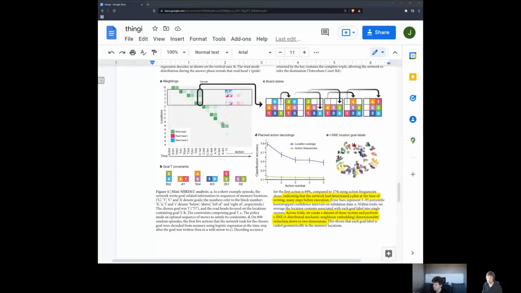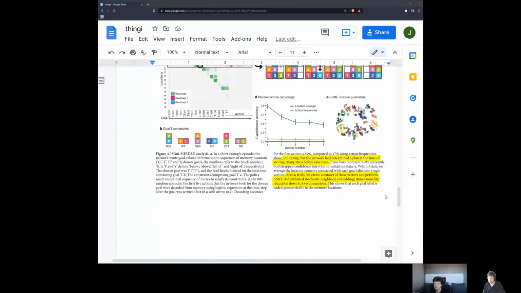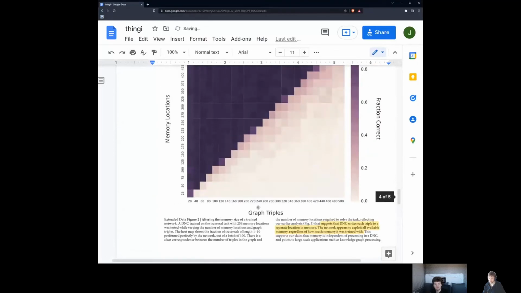But anyway, it shows that it can memorize different goals and then execute on one of them. The amount of goals that it can remember is of course based on the memory size, which the appendix also shows, in a different exercise, but still you can't go over the memory size.